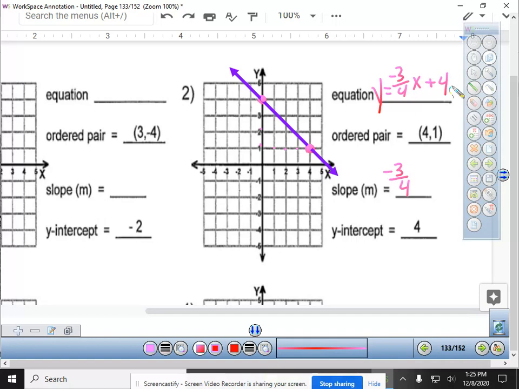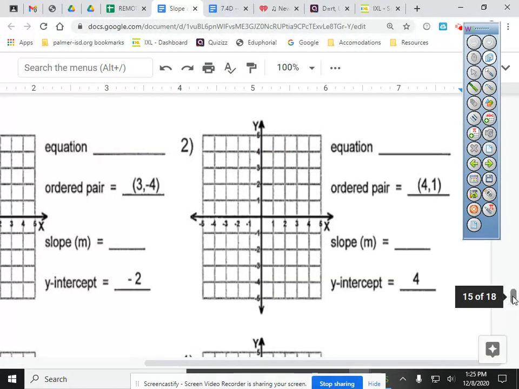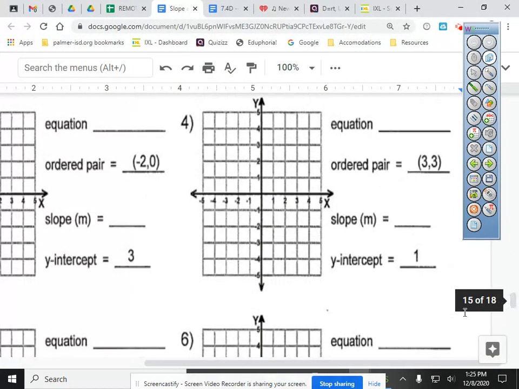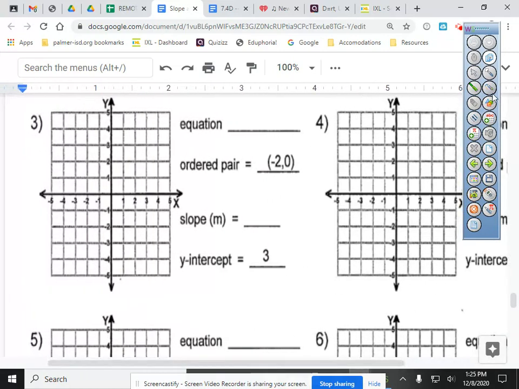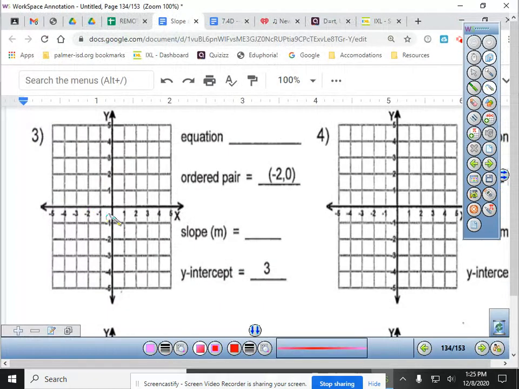What do you think? Think you can do it? Yeah. Can we do number 3? Yes. Number 3. What is the ordered pair? Negative 2, 0. Right there. What is the y-intercept? 3. Take your ruler, draw your line.